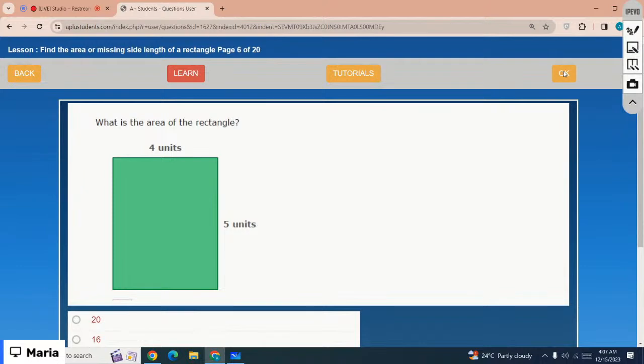What is the area of the rectangle? Yes, that is 5 times 4. The correct option is 20.